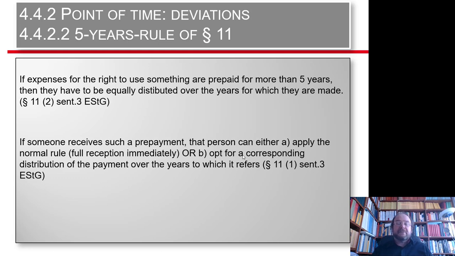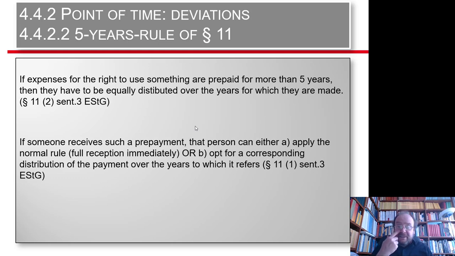That might be a considerable, genuine economic motive, and that is why the legislator allows people to prepay expenses for several years, probably just to be on the safe side. But after 5 years, they think, okay, this can now only be a tax trick, and so we are going to block this. If somebody prepays the office room's rent for the next 20 years, then please distribute that expense equally over time. Don't deduct everything at once.